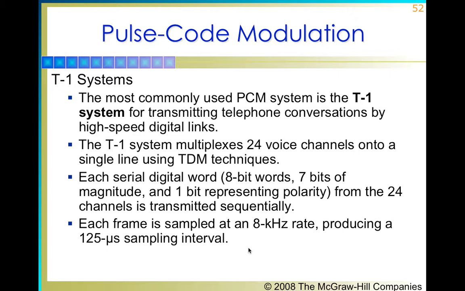So every voice channel, when converted from analog, which is about 4 kilohertz, into digital of about 64 kilobits per second, is multiplied by 24. So in the T1 system, each voice signal is a digital signal of about 64 kilobits per second.